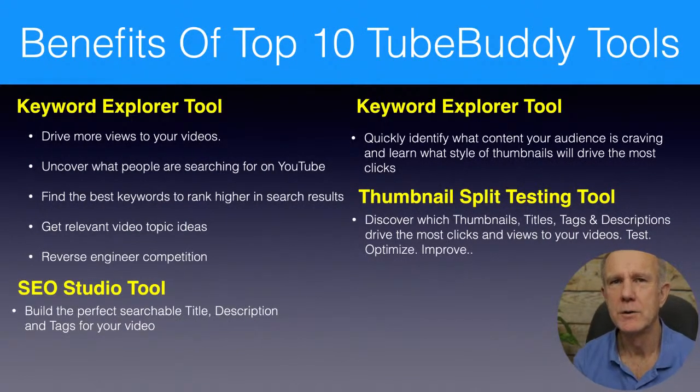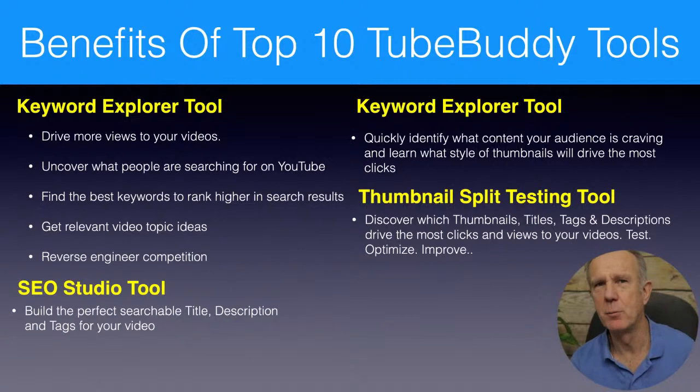So just to go over some of the benefits of the top 10 TubeBuddy tools, the Keyword Explorer tool helps you to drive more views to your videos, uncover the best keywords that people are searching for on YouTube, the best keywords to rank higher in the search results. You can quickly find relevant video topics.